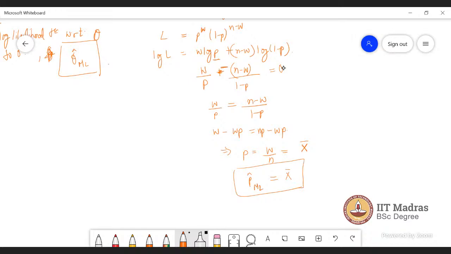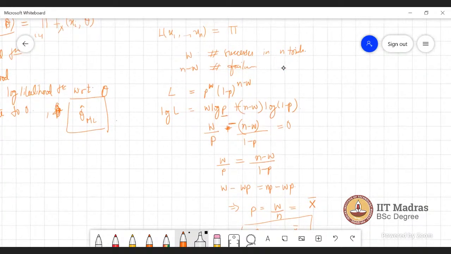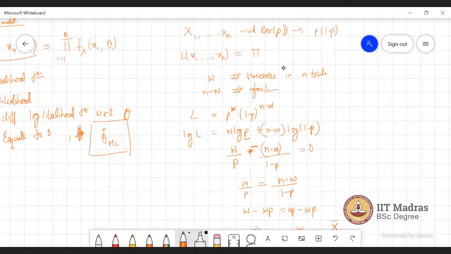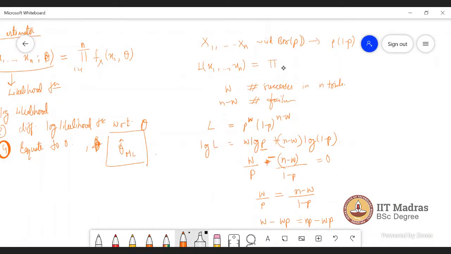This is the process that we use for finding the maximum likelihood estimator for any samples, for any parameter.